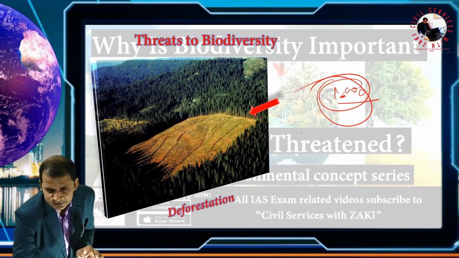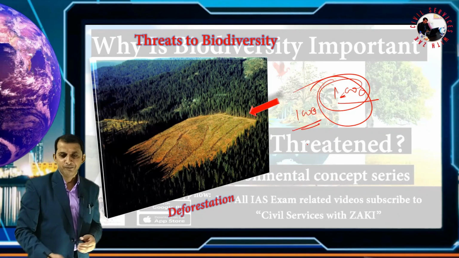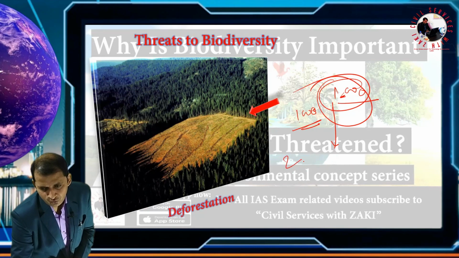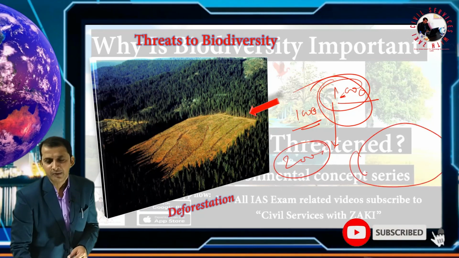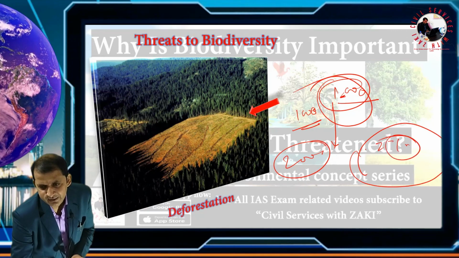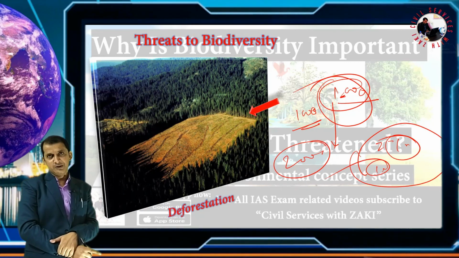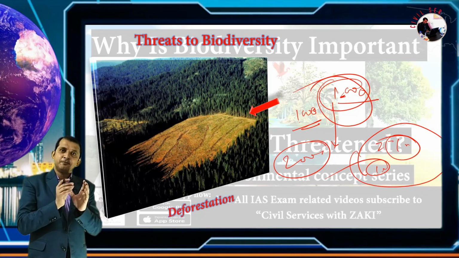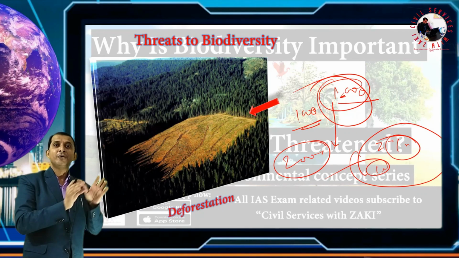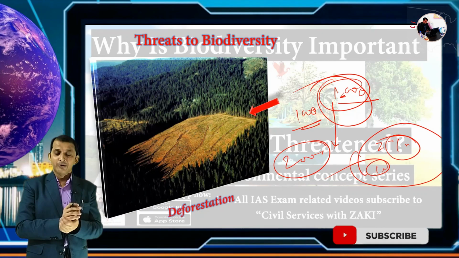But if you cut down this forest, say 100 acres, and plant a 200-acre forest, you can only plant one or two, maybe three, maybe 100 types of species, but it's not equivalent to the 1000 species or more. So that's why reforestation or planting a forest in a new area is not as rich as the old forest. So deforestation is the major cause of loss of biodiversity.